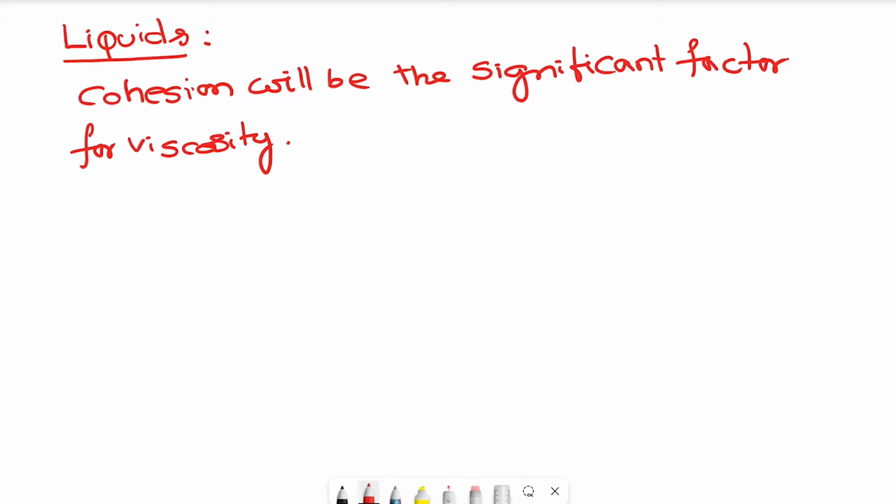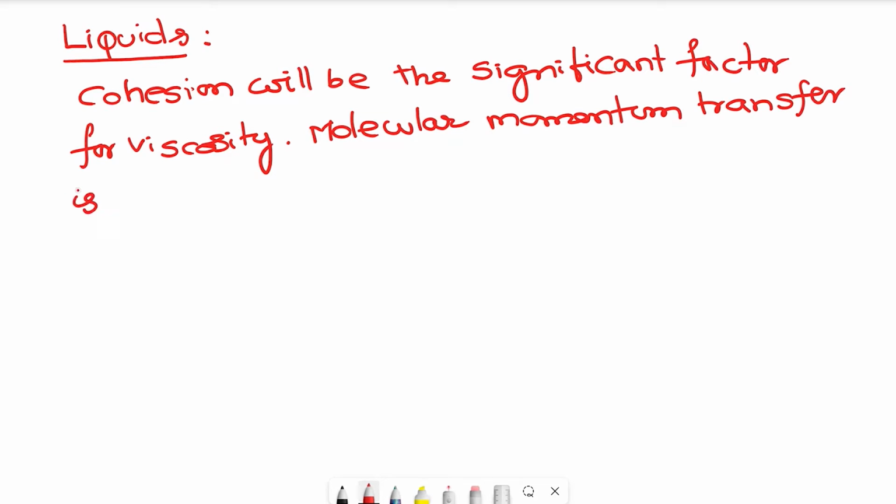That's why in liquids we say that the viscosity is due to cohesion. Here, the molecular momentum transfer is negligible.